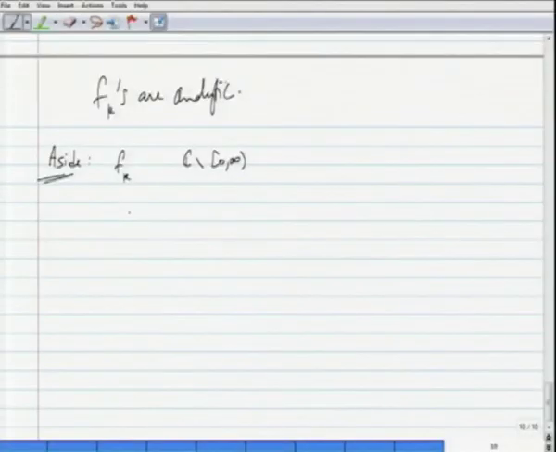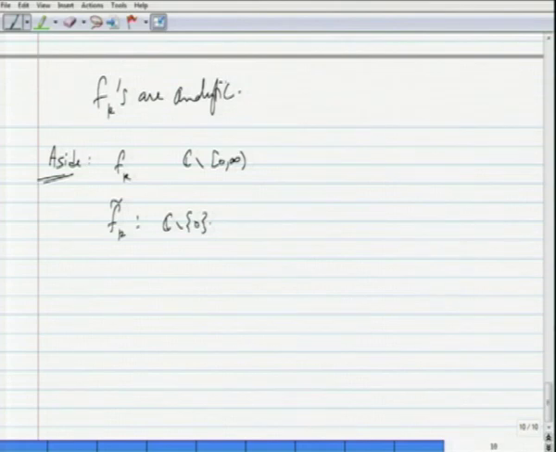What can also be done is that we take many copies of the complex plane minus 0, and then we notice that f_k can be extended to an f_k tilde on all of C minus 0 in the following fashion.